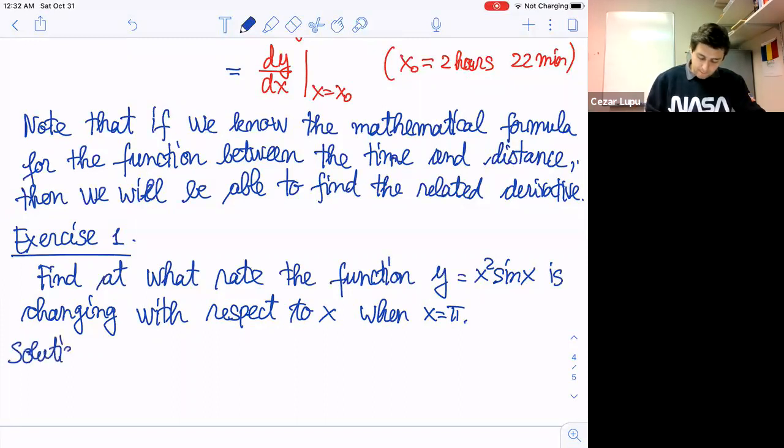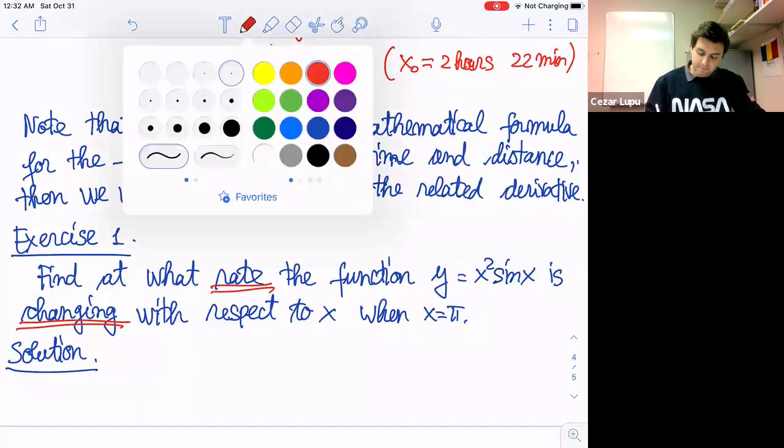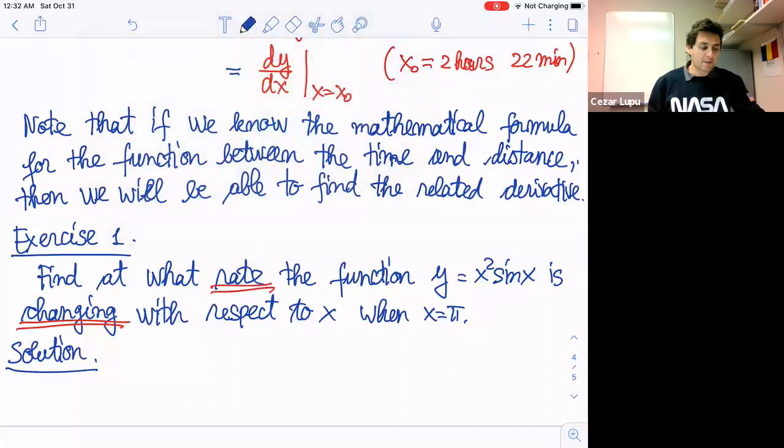So let's see. When you see what rate, clearly, as you can see, we have the keywords here, rate of change. So in other words, we would like to see the instantaneous rate of change.